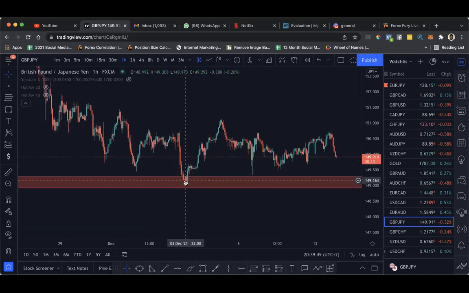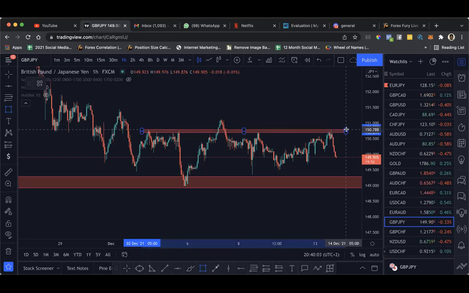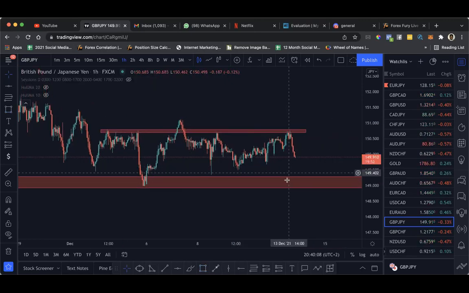So this is an order block. You can see this liquidity here, liquidity here. And then we see this break of structure. Price broke this structure zone here. And then we're waiting for price to come back down into this order block. This is a bullish order block.